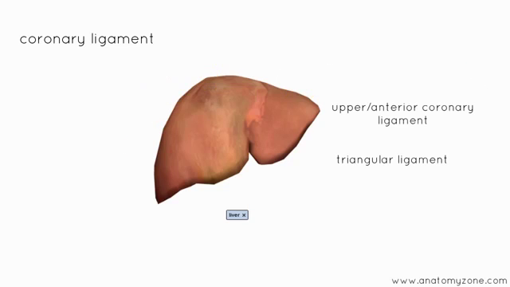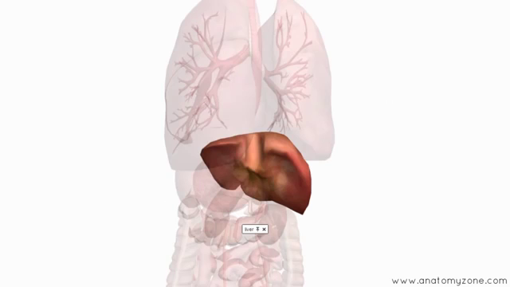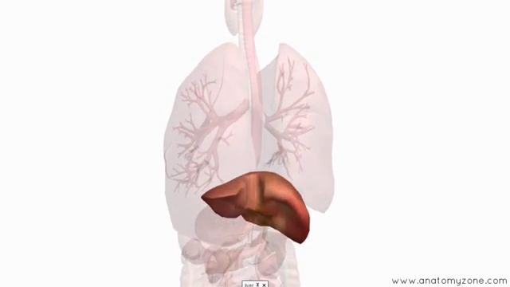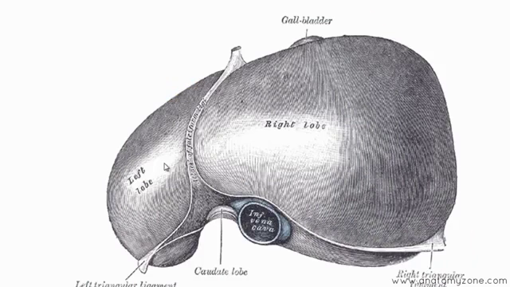So what I'm going to do is show you a diagram to make this a bit clearer than my silly scribblings. If we rotate the liver round, we're going to take a look at the superior surface of the liver. So imagine looking at this view. We're looking at the same view I just showed you in the 3D model, looking superiorly at the liver. We've got the right lobe here, left lobe on this side, and the inferior vena cava posteriorly.